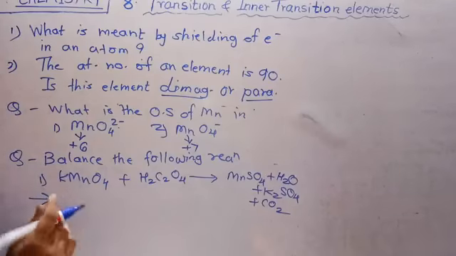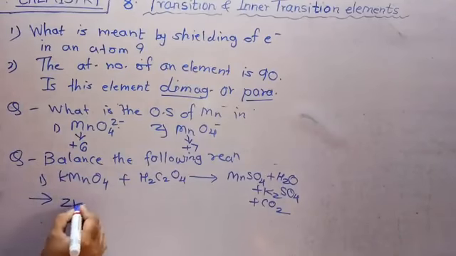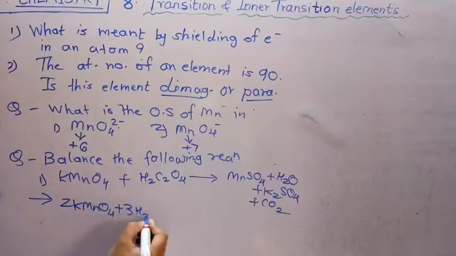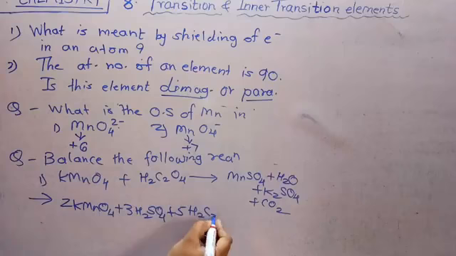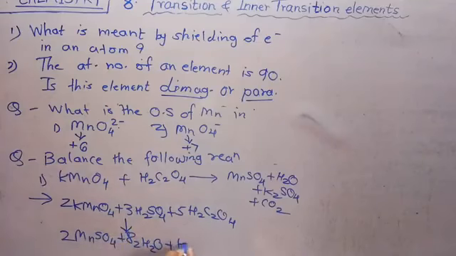Then the correct balanced reaction for this is 2KMnO4 plus 3H2SO4 plus 5H2C2O4 gives 2MnSO4, manganese sulfate, plus 8H2O plus K2SO4 plus 10CO2.